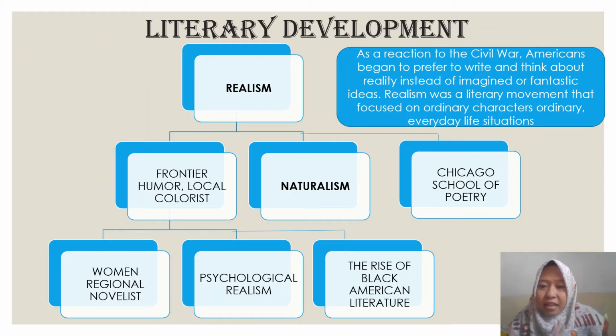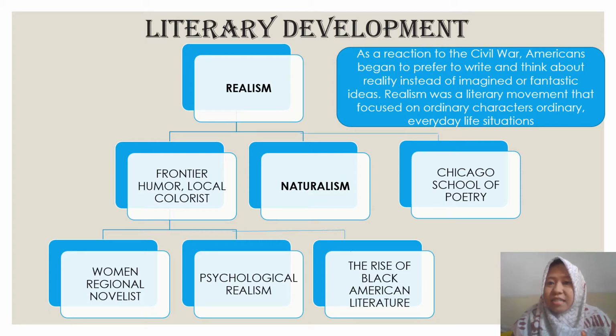That's the historical background, and then we go to the literary development. In the realism and naturalism period, people began to write and think about reality instead of imagined or fantastic ideas.